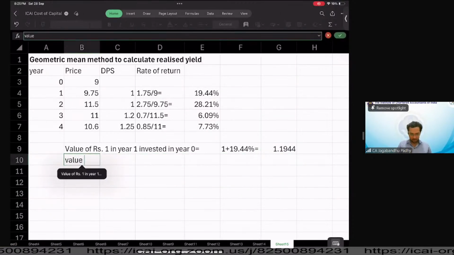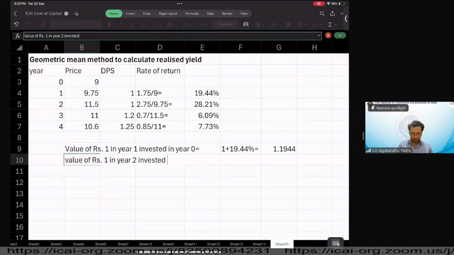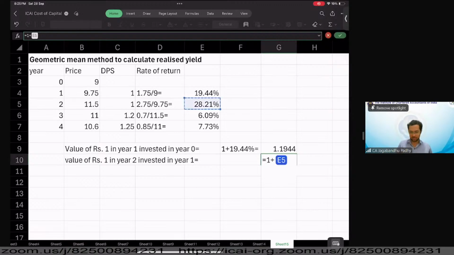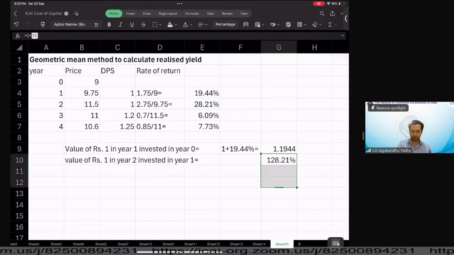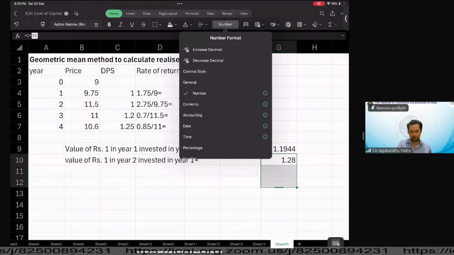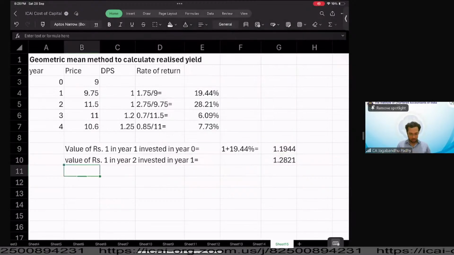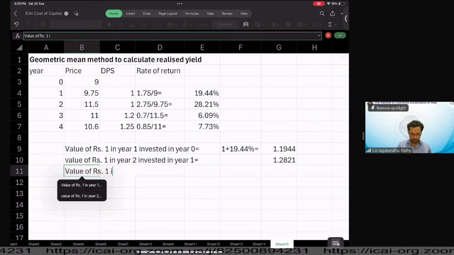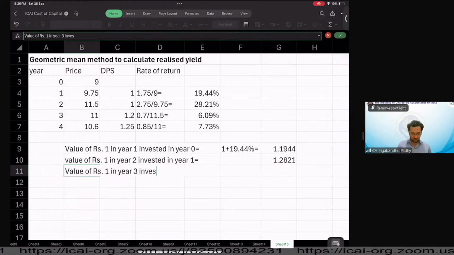Same way, tell me what will be the value of rupee 1 in year 2, which was invested in year 1. Can I say 1 plus 28.21%, that is 1.2821.